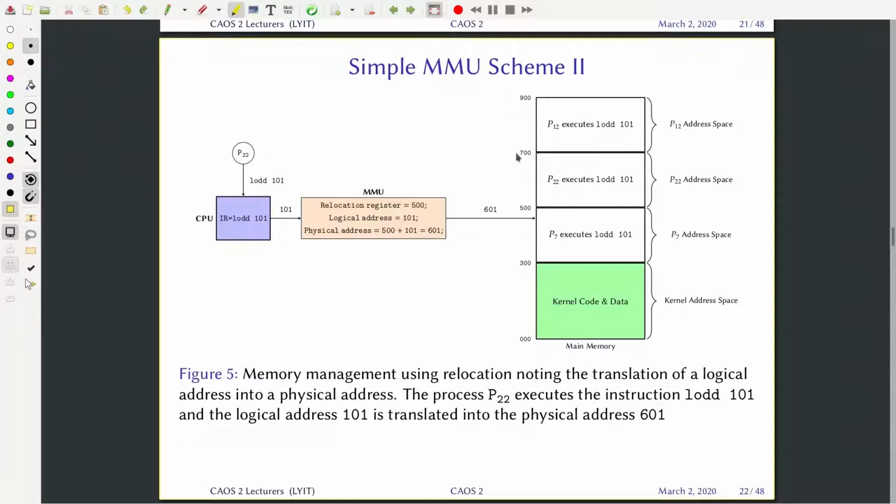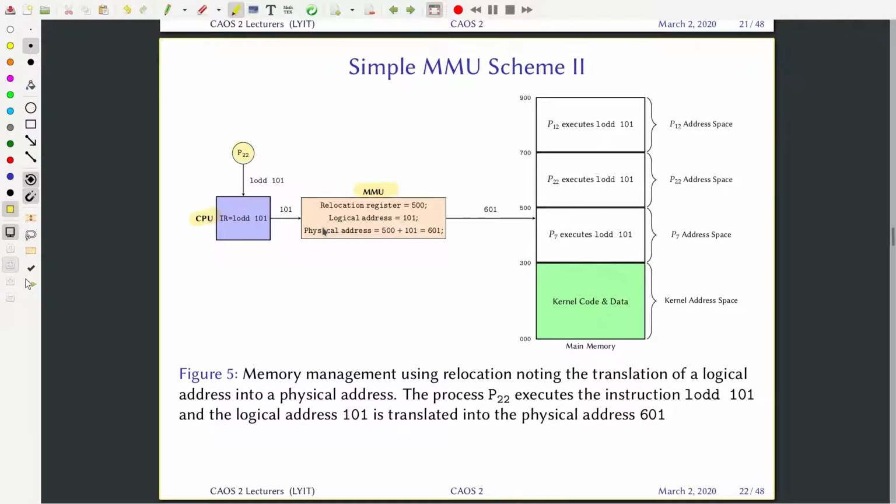Okay, so the layout of the diagram is pretty much the same as before. There's our MMU as before, and there's our CPU, and there's our process, except this time the process that is executing is not P7 but is P22. So remember that when we think about memory management, we always think about it in terms of a multitasking system.